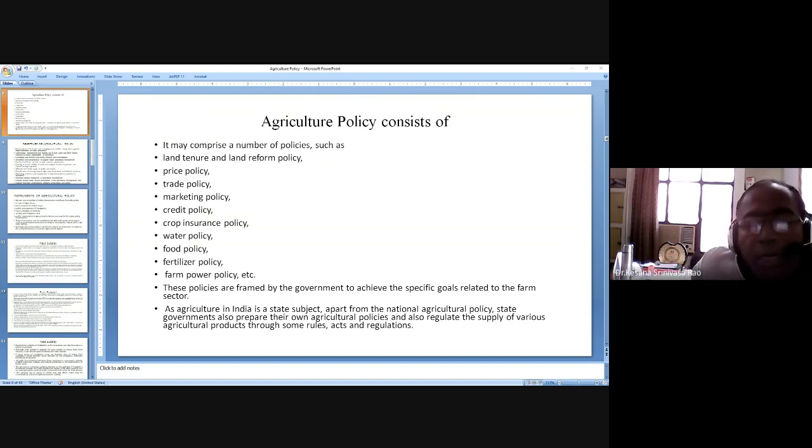Then marketing policy is also one of the crucial factors for each and every farmer producing these agriculture commodities. As you all know very well, earlier in the majority of places the intermediaries used to operate, because the farmer was not in a position to sell their product directly in the market.